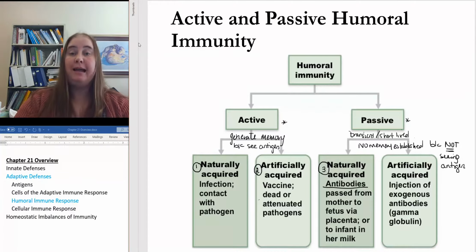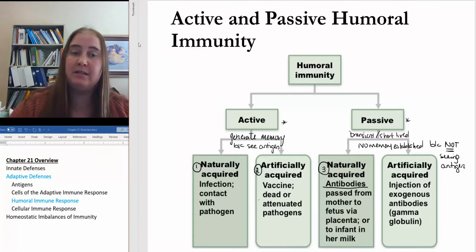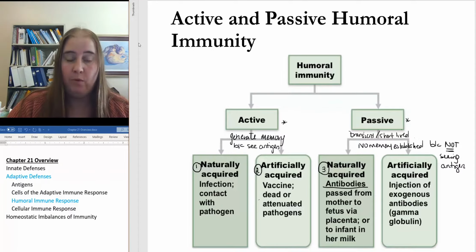Now, naturally, this can occur. One of the classic examples is breast milk, okay? In breast milk, we have IgA antibodies that help prevent entry of pathogens into the body of the infant. The placenta to the fetus is also another one.